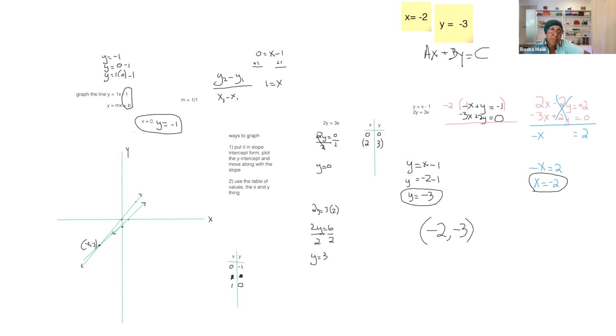Okay, this method is called a system of linear equations because it's more than one graph, more than one line at a time. And this method is called the addition method.